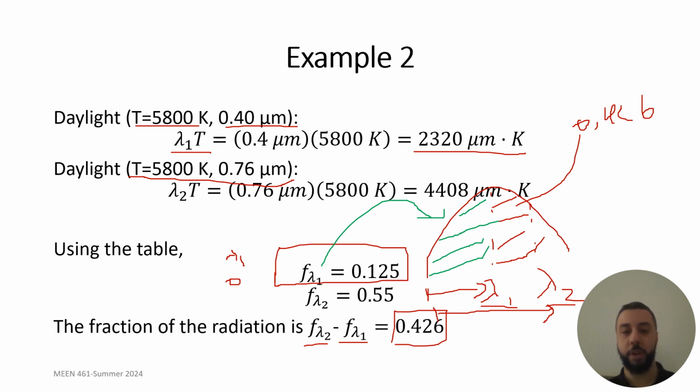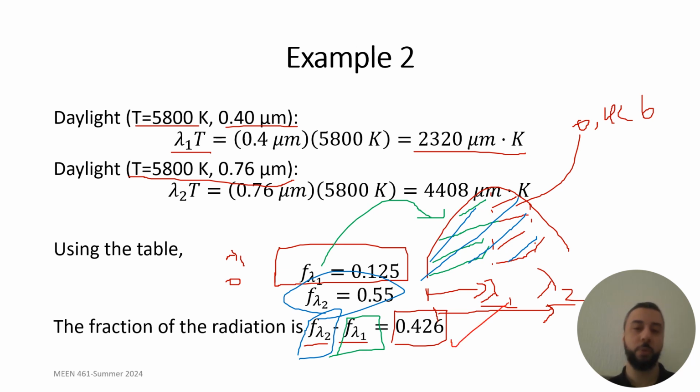And this 0.55 is going to be the whole area from 0 to lambda 2. So the blue area minus the green area gives you the red area, and that's what we want. So that's what we've done here. This is the blue area minus the green area, and this gives us the red area. Okay, so we'll be doing something similar to this in example 3.